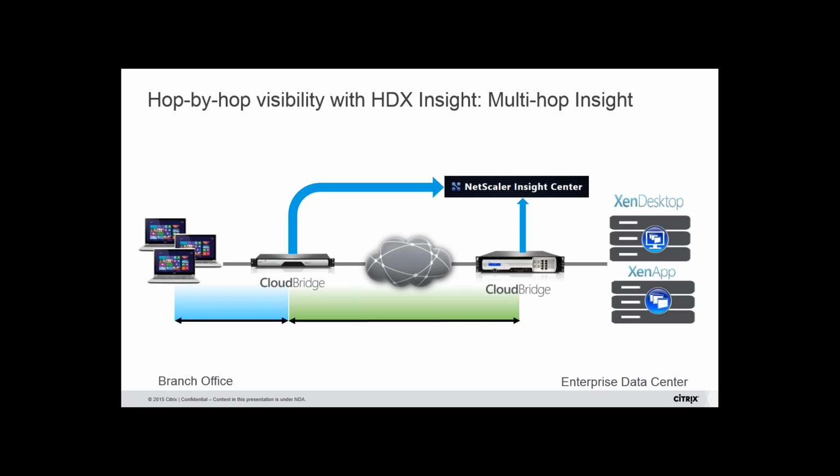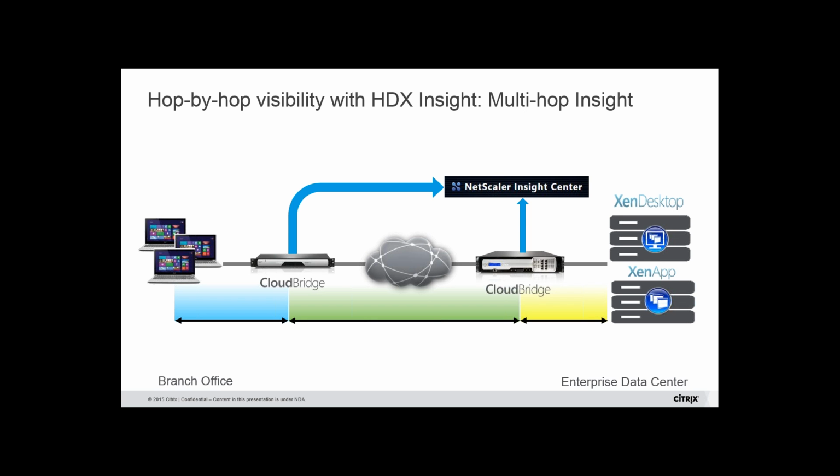And that sort of got resolved once we released HDX Insight Center with CloudBridge. And as you'll notice here, so far, only the data center side CloudBridge fed AppFlow records into HDX Insight Center, but now for multi-hop Insight, we are feeding AppFlow records from both the data center side as well as the branch side.